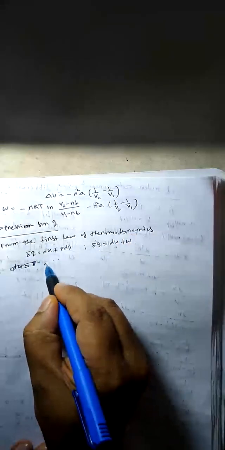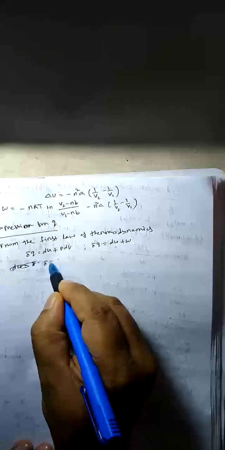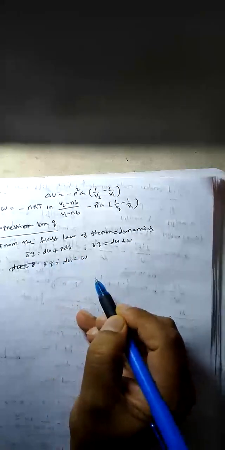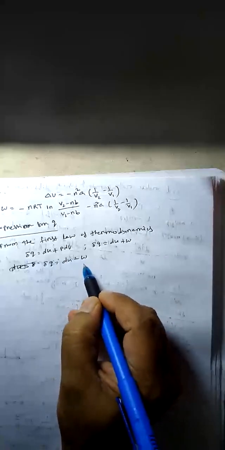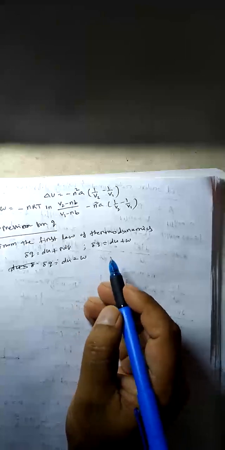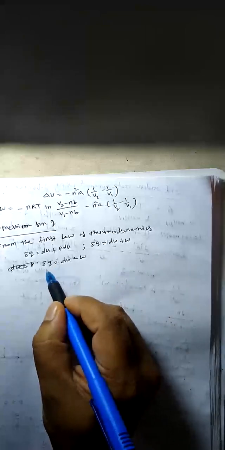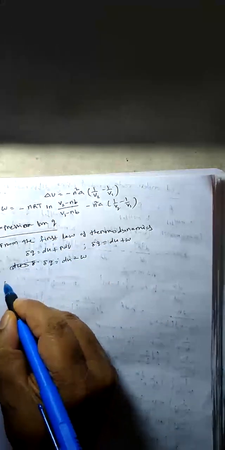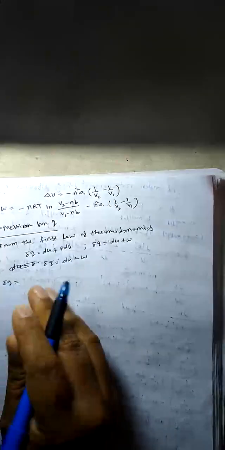Expansion means it becomes minus W. That means del Q is equal to dU minus W. We have to write it this way because the work is done by the system, so the energy decreases on expansion. Now, in order to find the del Q value, put the value of delta U and the value of W here.